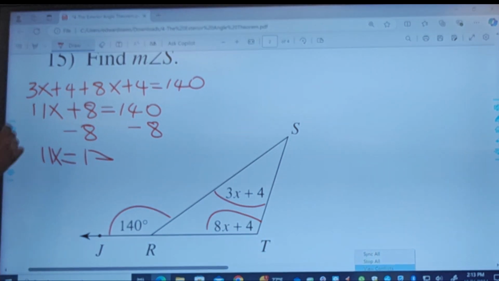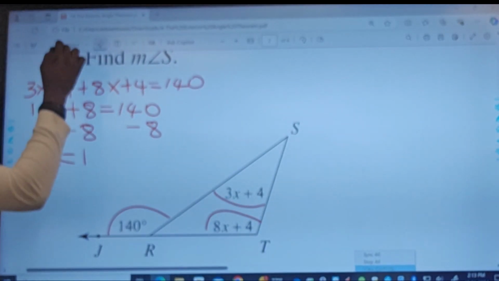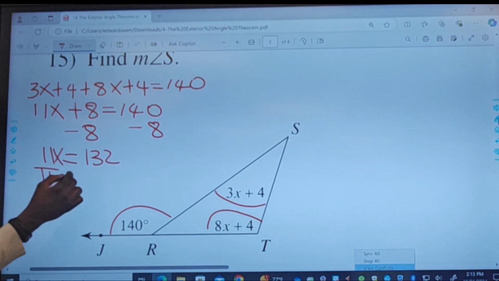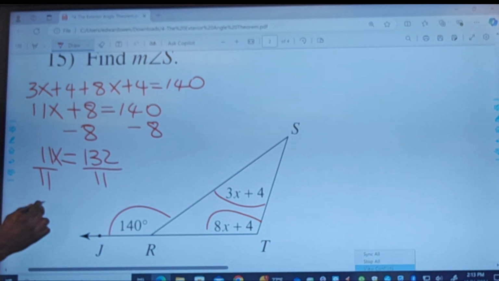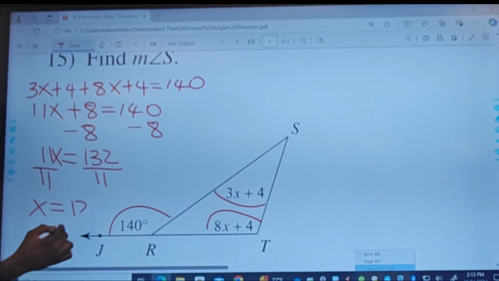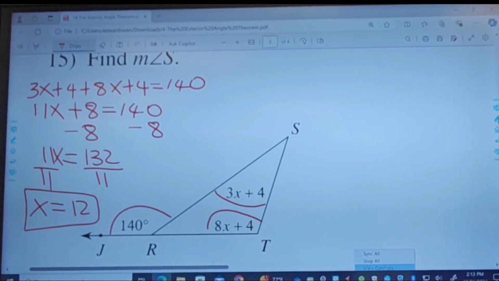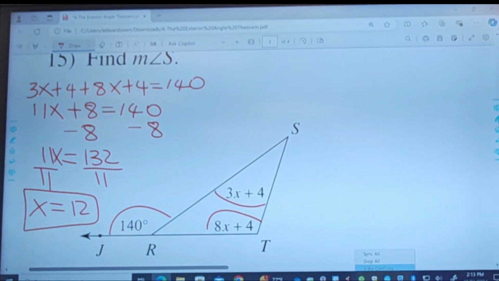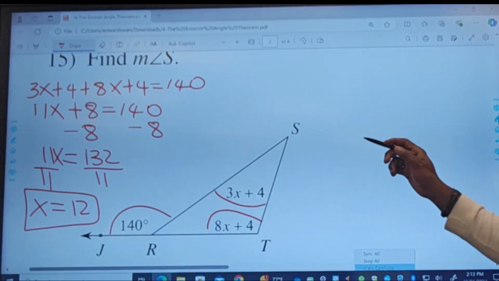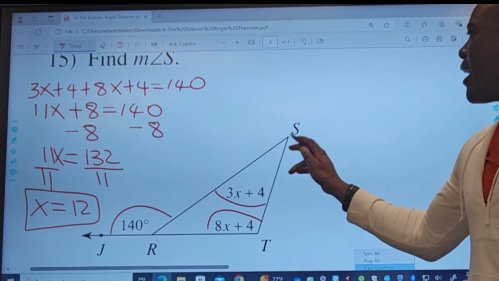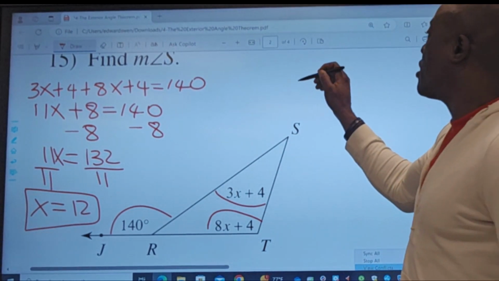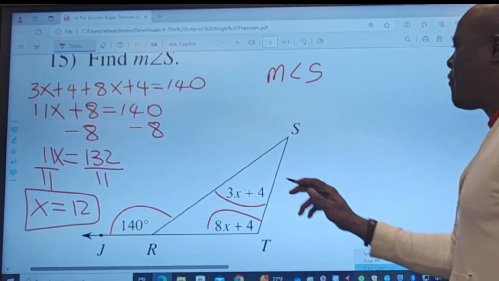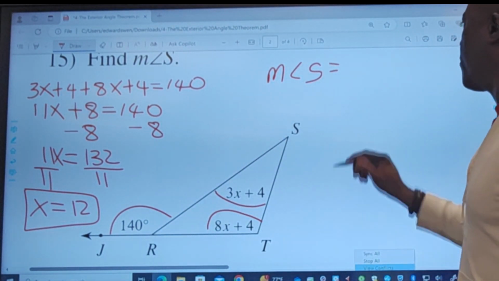All right, we're back. So we're going to divide by 11. So x is 12. Now the thing is, x is 12 is not the answer, because the question never asks us to find x this time. It says, can you give me the marked angle? And they marked the angle S. So it's our responsibility at this time to say the measure of angle S, right?